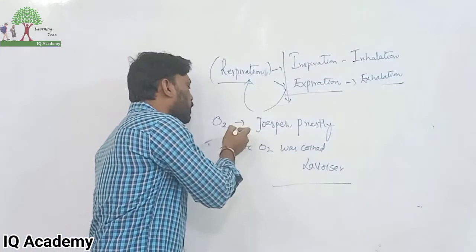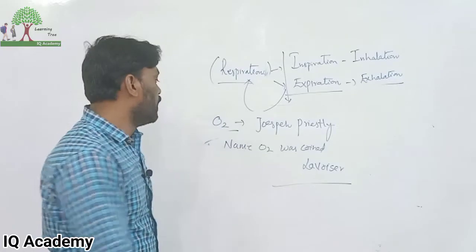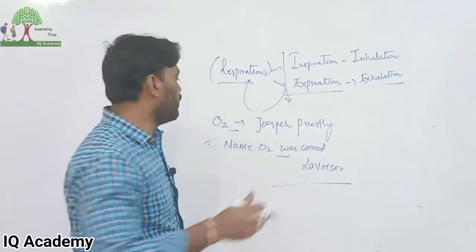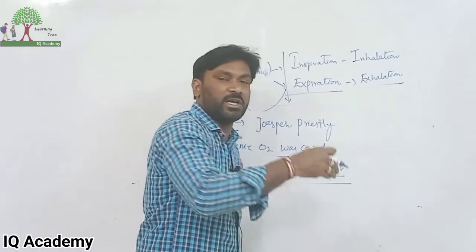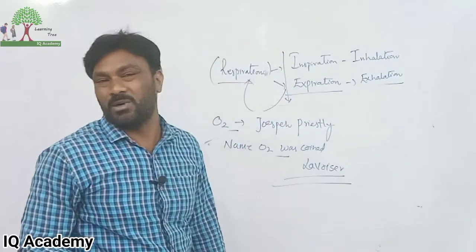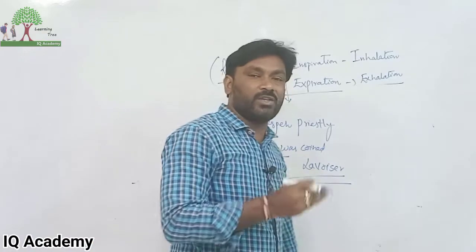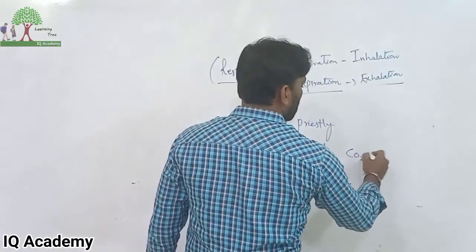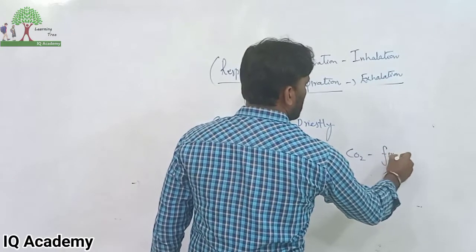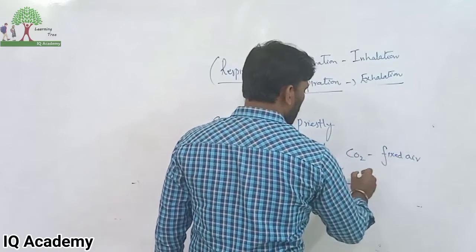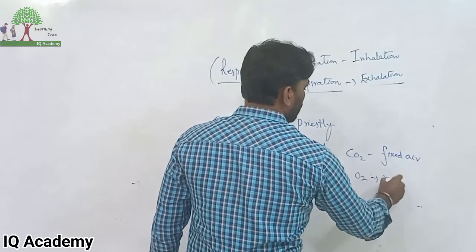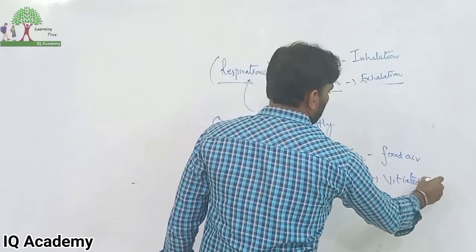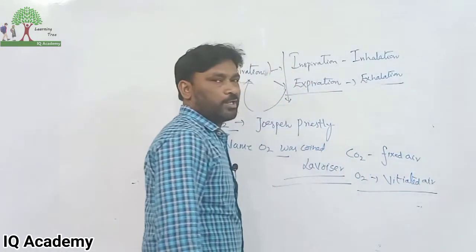Joseph Priestley discovered oxygen and Lavoisier coined the name oxygen, and Lavoisier continued the study of oxygen and carbon dioxide. He said that carbon dioxide is called fixed air and oxygen is called vitiated air.